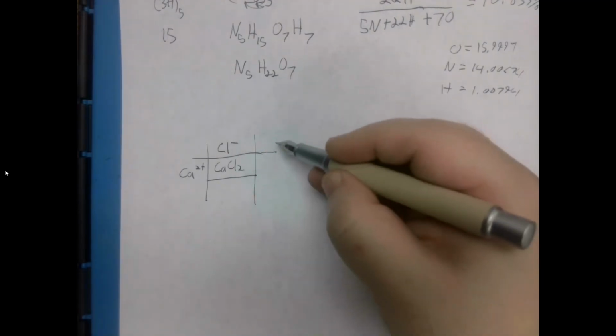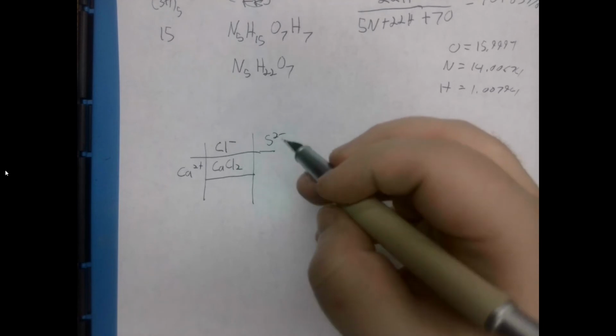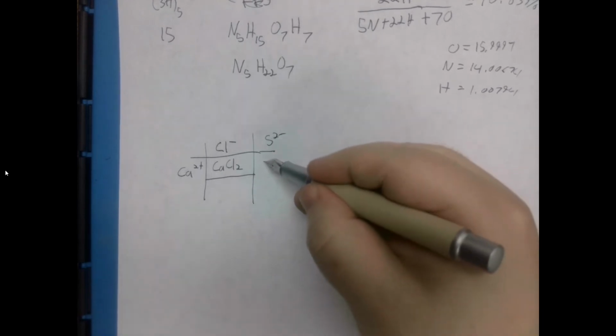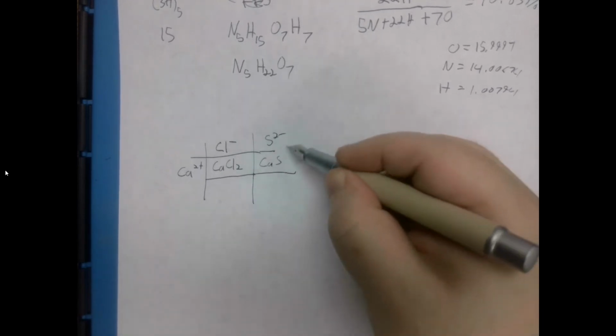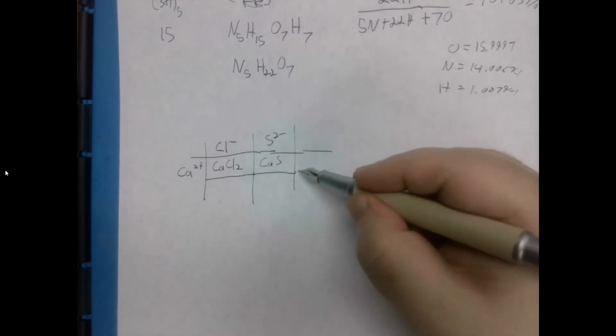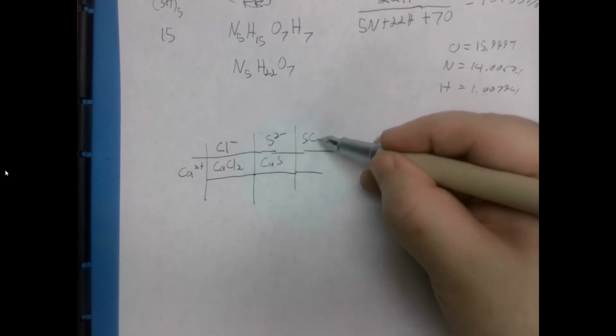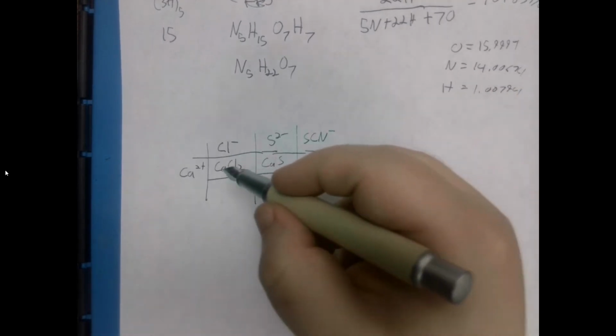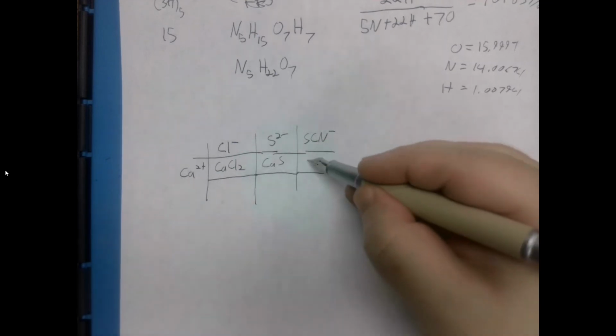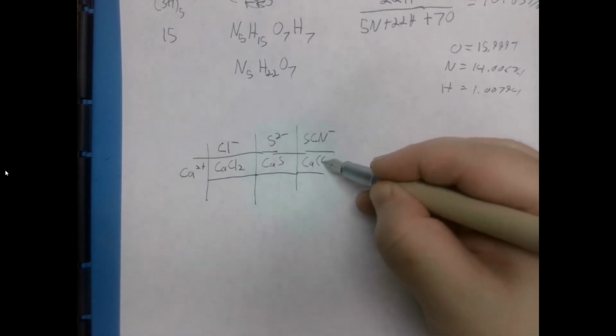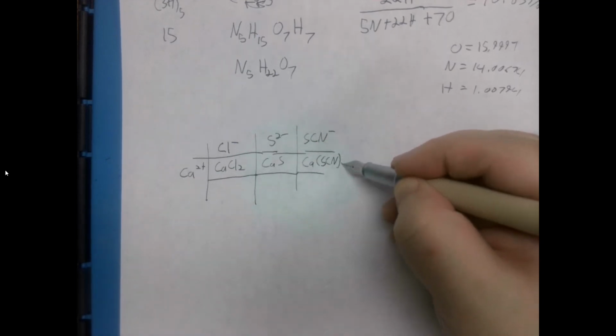If it reacts instead with sulfur, well, that's a 1-to-1 ratio, so it's calcium sulfide. And if it reacts with SCN negative, well, I need 2 of these to react with that, so it'd be calcium SCN2.